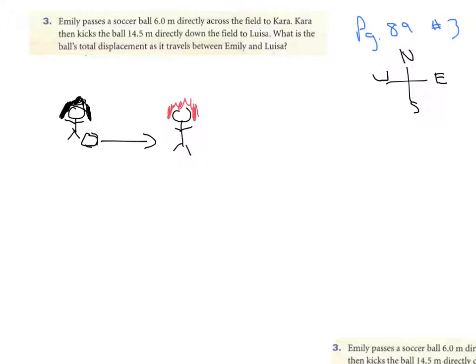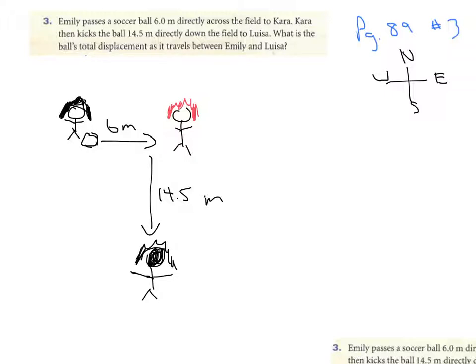So the initial vector is 6 meters in the east direction, and then Kara kicks the ball 14.5 meters down the field to Louisa. So here we have Louisa, and Louisa has black hair. All right, so we have these two.